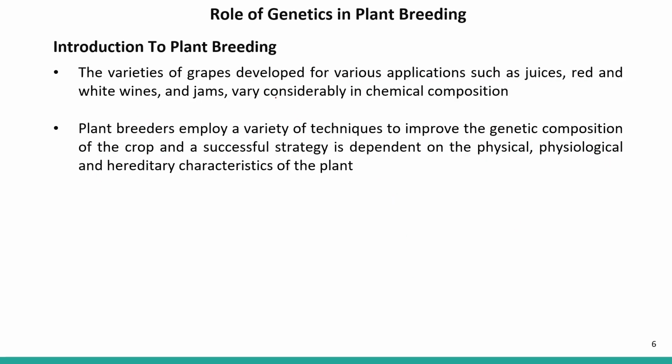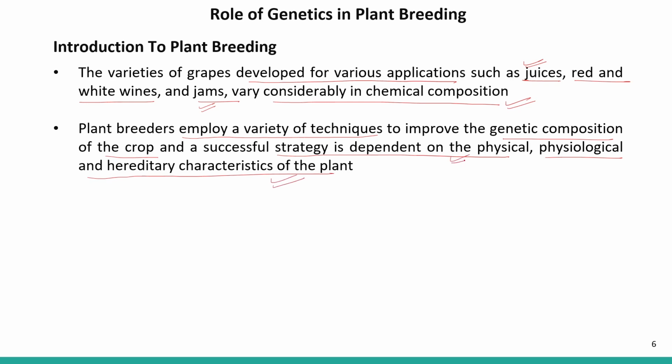The varieties of grapes developed for various applications such as juices, red and white wines, and jams vary considerably in chemical composition. So we require grapes for different applications: for making juices, for making wines, for making jams, right? The plant breeders employ a variety of techniques to improve the genetic composition of the crop, and a successful strategy is dependent on the physical, physiological, and hereditary characteristics of the plant.